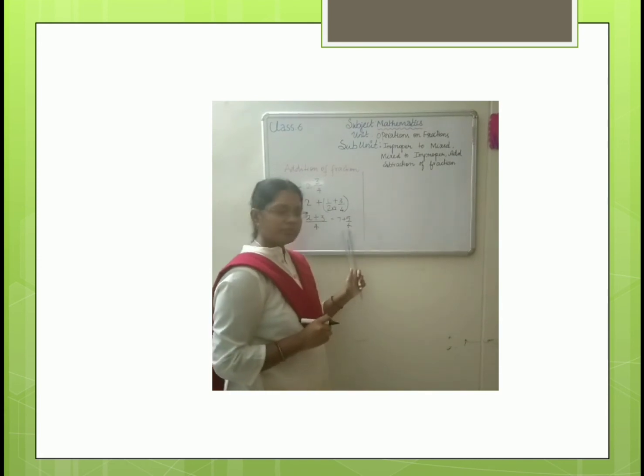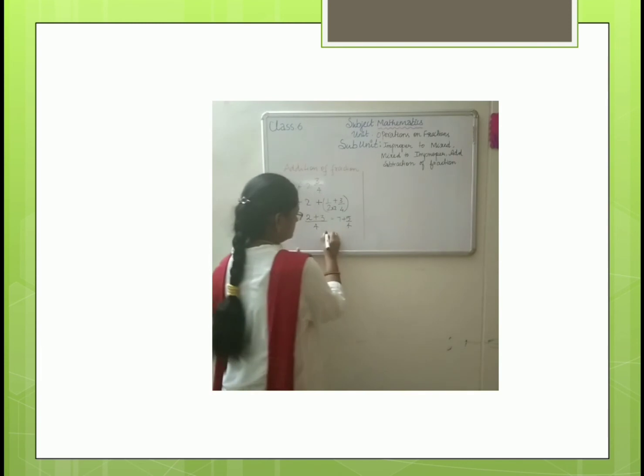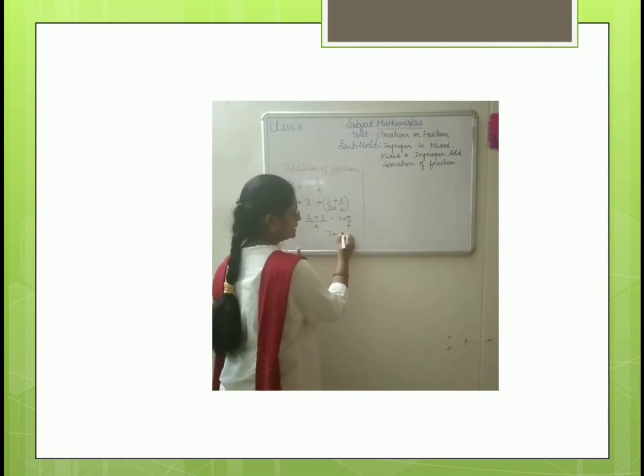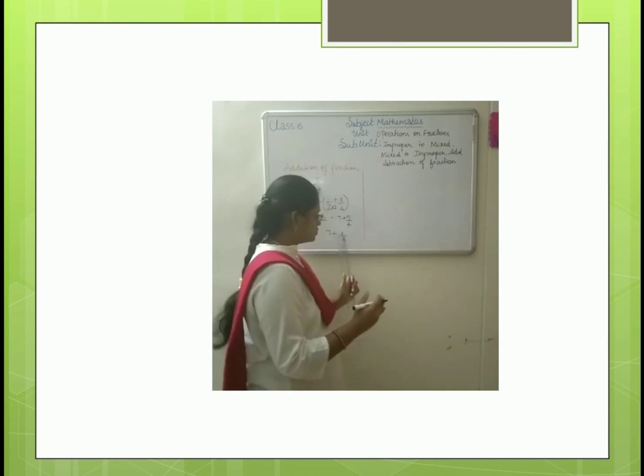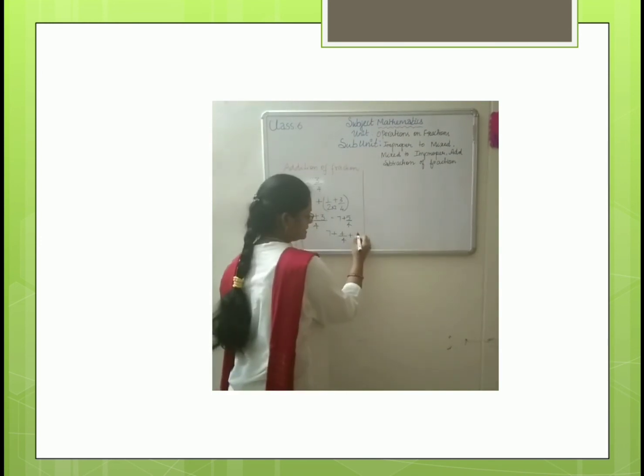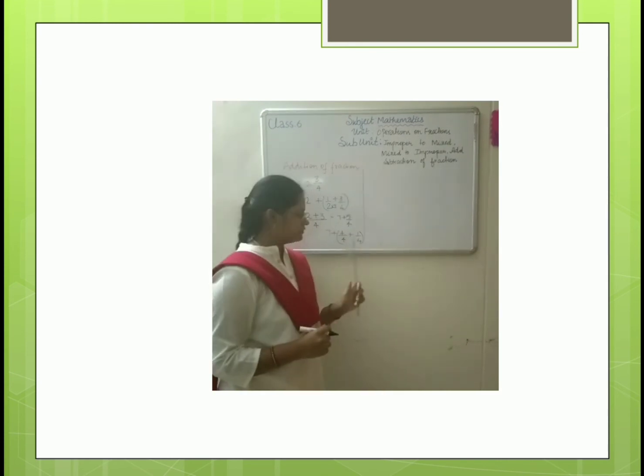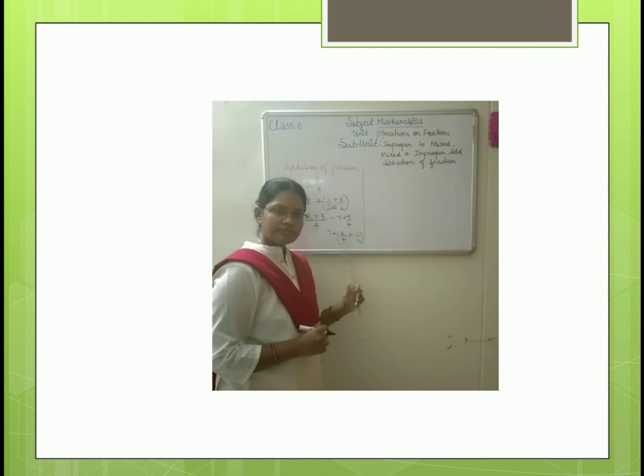So I am splitting this 5 by 4 as 4 by 4 plus 1 by 4. Since these are like fractions, we can add them. I have split 5 by 4 as 4 by 4 plus 1 by 4.